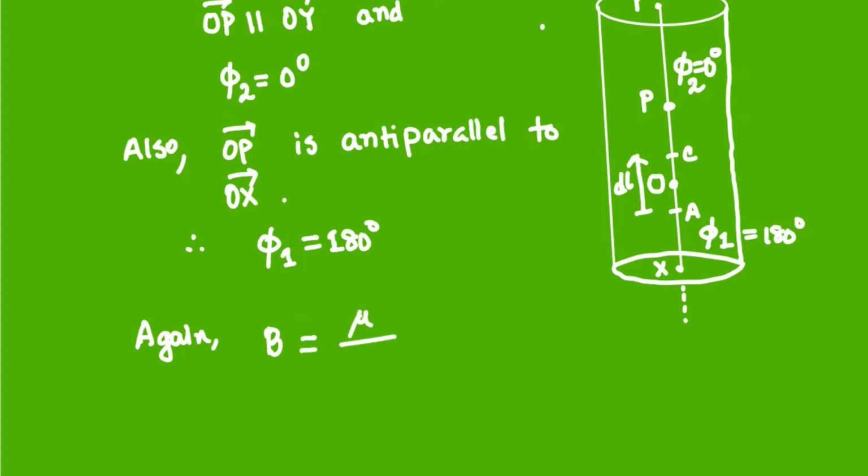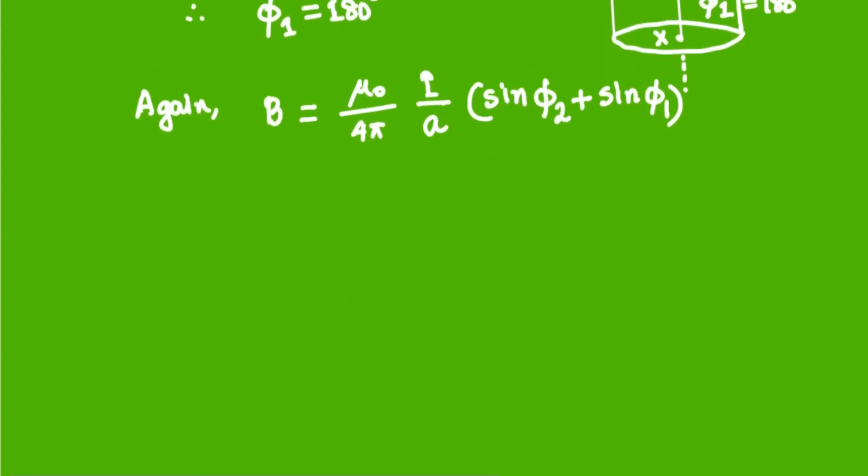B equal mu 0 by 4 pi I by A (sin phi 2 plus sin phi 1). Putting the values of phi 2 and phi 1, we get mu 0 by 4 pi I by A (sin 0 degree plus sin 180 degree).